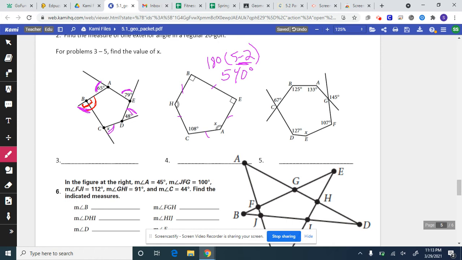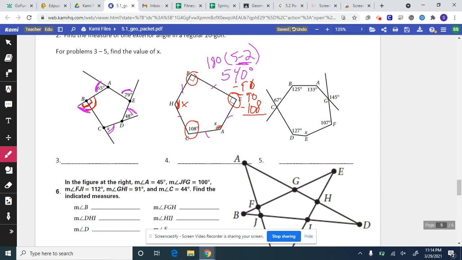So I know that all of these angles inside of here have to add up to 540. All right. What I also know is that angle A and angle H are the same. So this is also going to be an X here. So what I need to do to solve this is take the 540 and subtract out the rest of these angles here. So 540 minus 90 minus 90 minus 108.